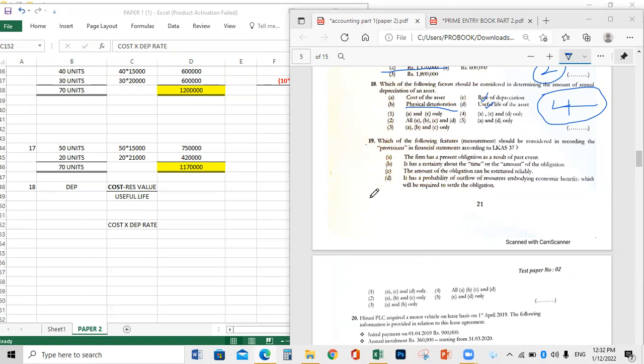You get what I'm saying, Aisha? If your non-current asset is fully damaged and you cannot sell it for any price, the carrying amount of the non-current asset, you should write it off as an expense because you cannot use it anymore. And you should take it out from the PPE. But if you can sell it for a certain amount, you can open a disposal account and find the disposal loss or profit.